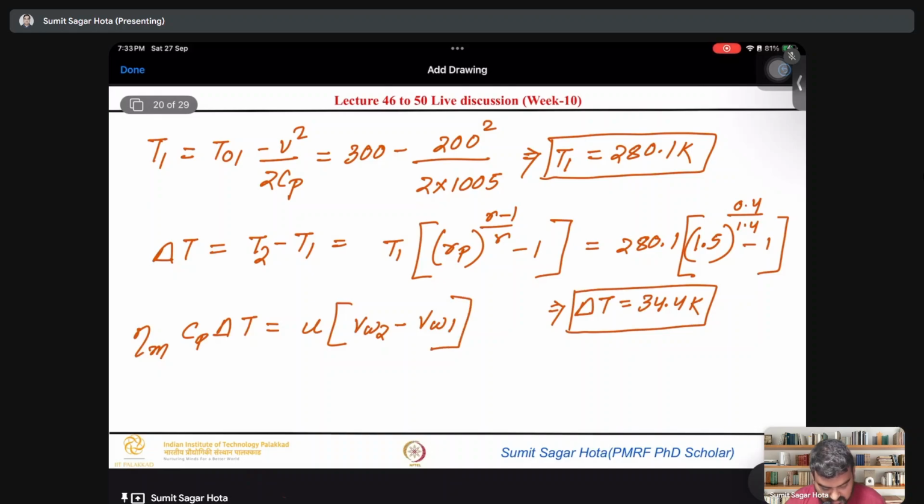By applying this relation, we can calculate VW2. VW2 is equal to VW1 plus Cp delta T divided by U into mechanical efficiency.